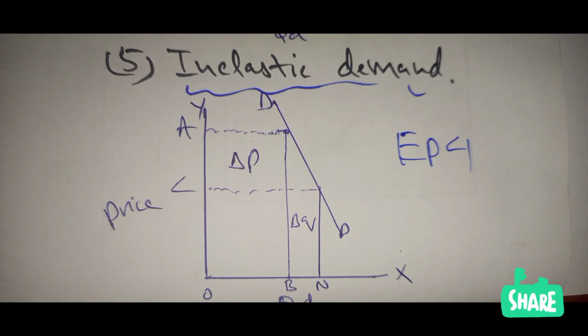The point to be noted here is that the slope of a demand curve is not a reliable indicator of elasticity. A flat slope of a demand curve must not mean elastic demand. Similarly, a steep slope on a demand curve must not necessarily mean inelastic demand.